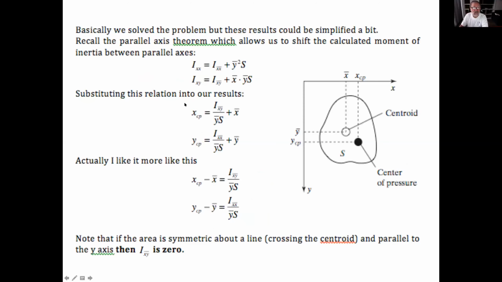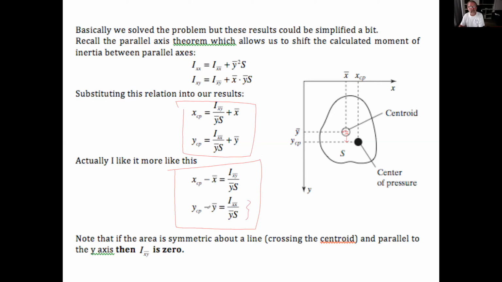I substitute that into that equation, and I end up with this. A much more friendly formulation is this. So what it means is that, okay, please tell me where the centroid is. Then the shift down is going to be this.